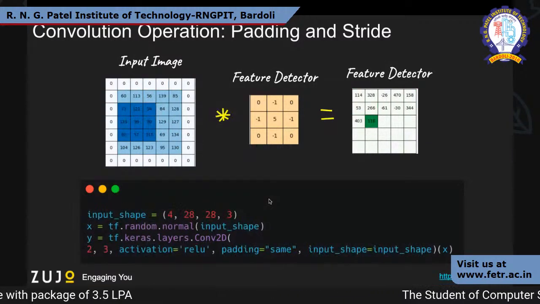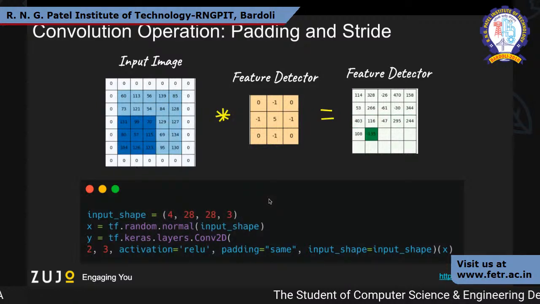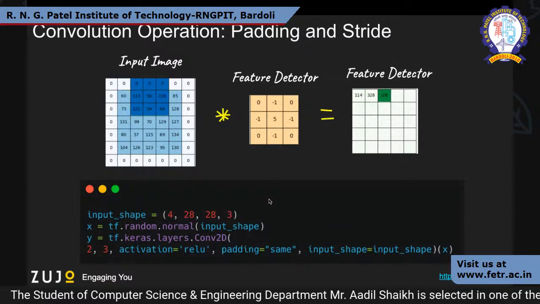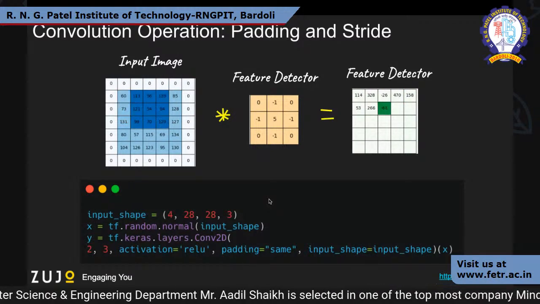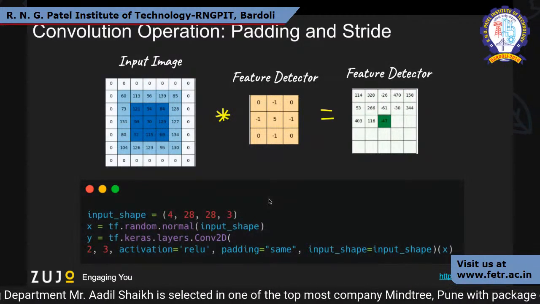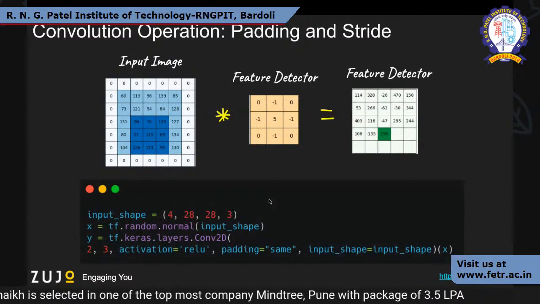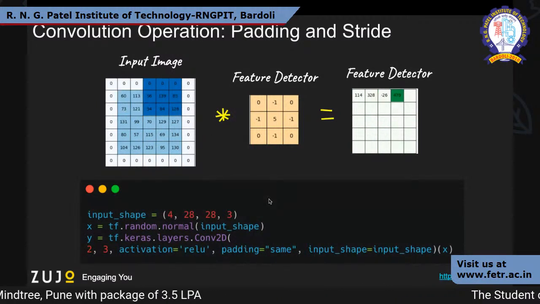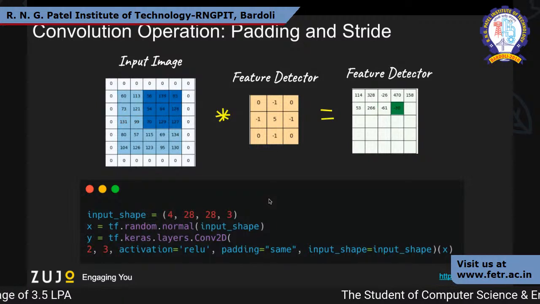Right now, sorry, it is a 1 by 1 stride, where each and every time it slides through one value and moves forward through one value.